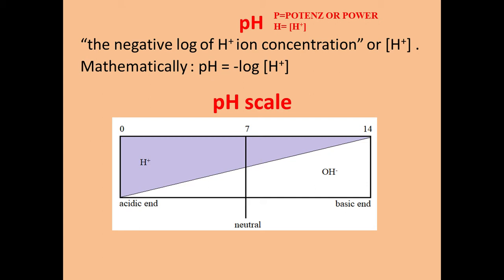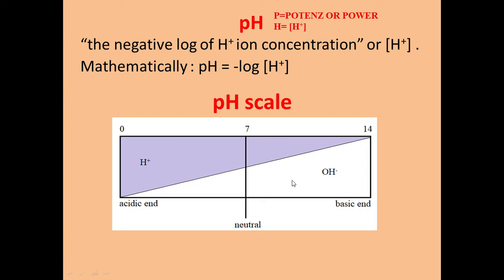One more thing to note here: if we move from 0 towards 14, the acidic character gets minimized while the basic character will be maximized. If we move from 14 towards the 0 end, the acidic end, then the H+ ion concentration gradually increases.